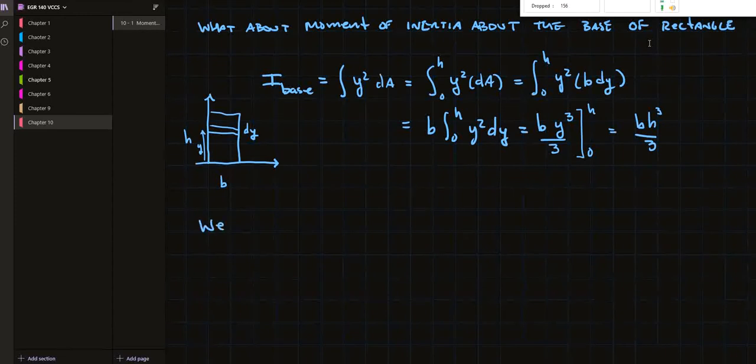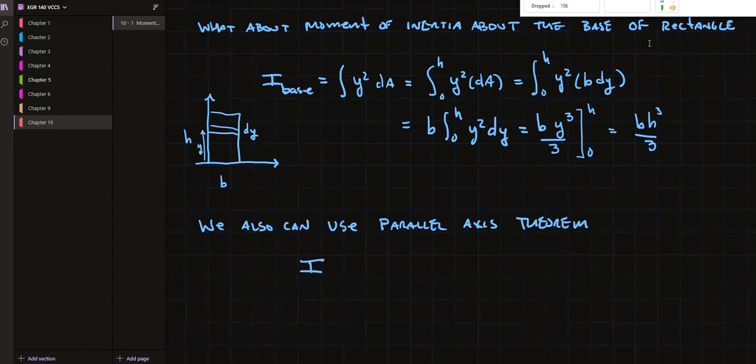So note we can also get this by using a relationship called the parallel axis theorem. I'll derive this in a second, but let me just display it.